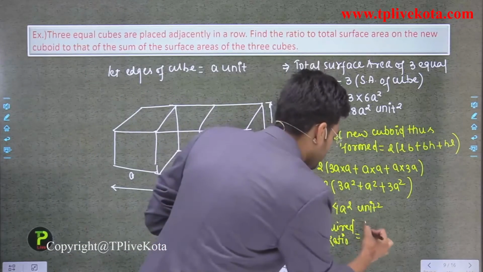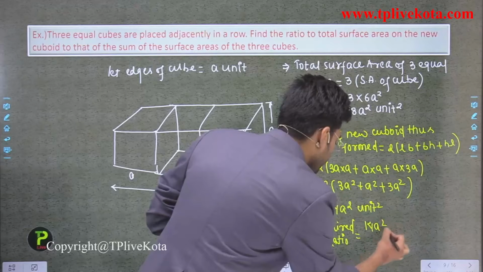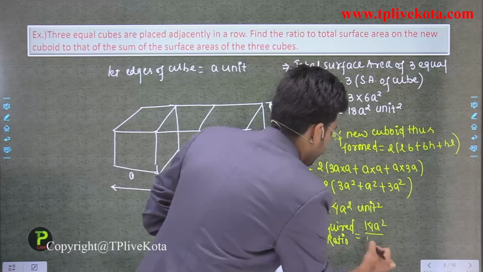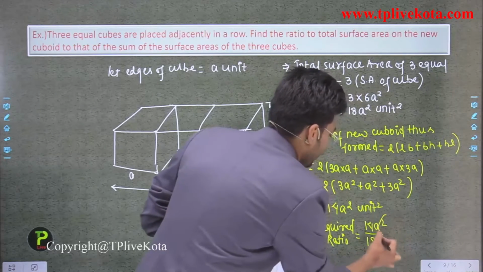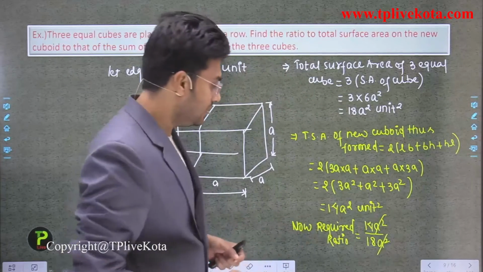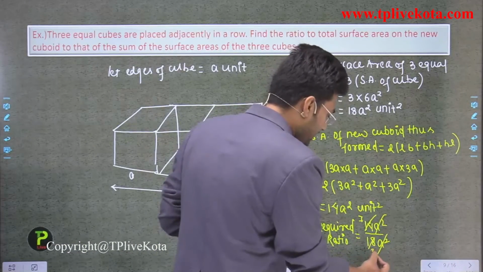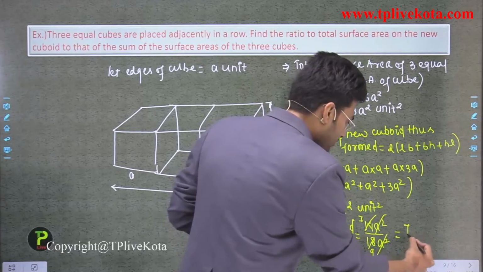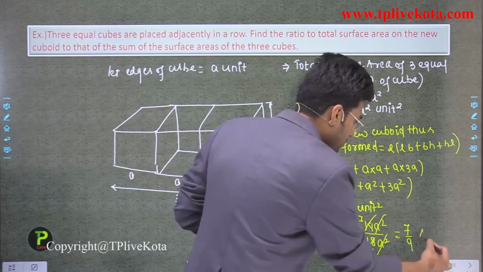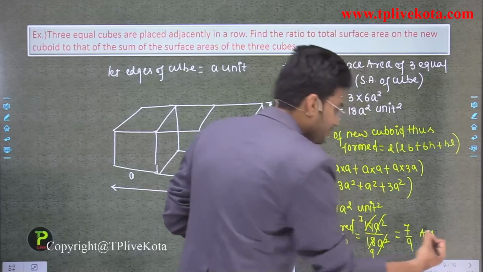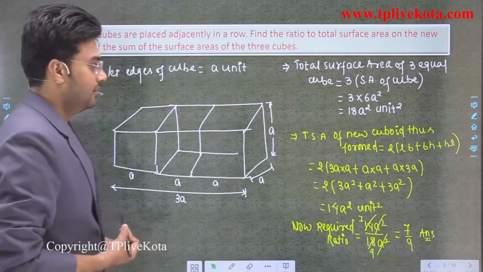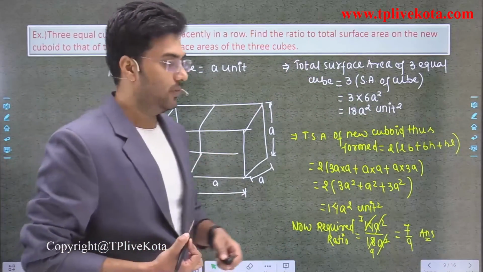So it is 14a square divided by 18a square. So a square and a square cancel out, and we can cancel 14 seven times and 18 nine times. So it is equal to 7 by 9. This is our final answer. Clear? So students, I hope you understand this.